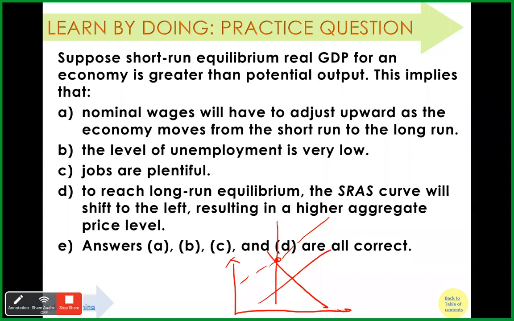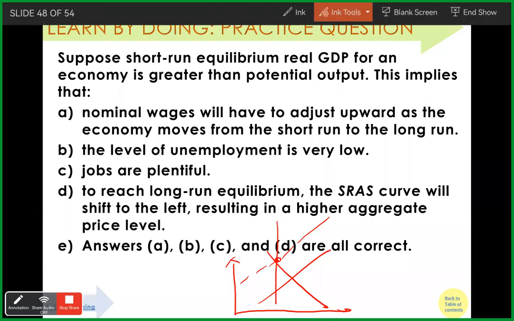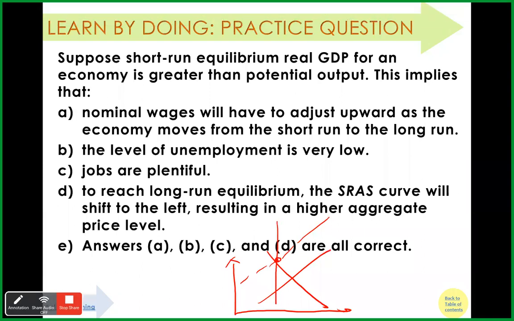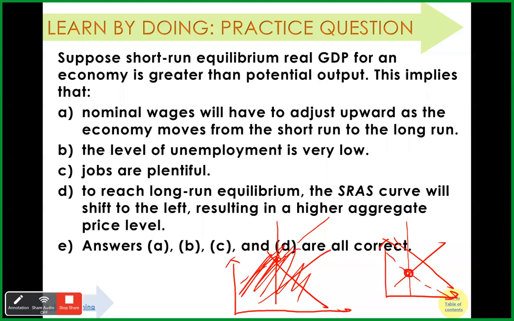Oh, sorry, that's supply, apologies. Oh, this doesn't work today. Now let me redraw this one. So this is where we start, and now we are here, and then we go to this triangle.